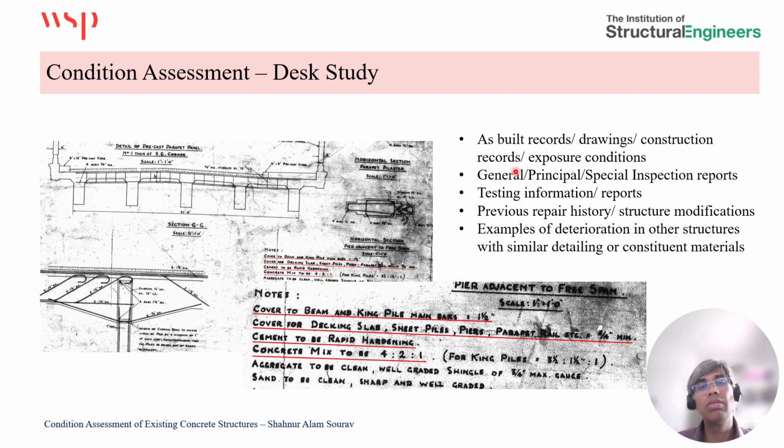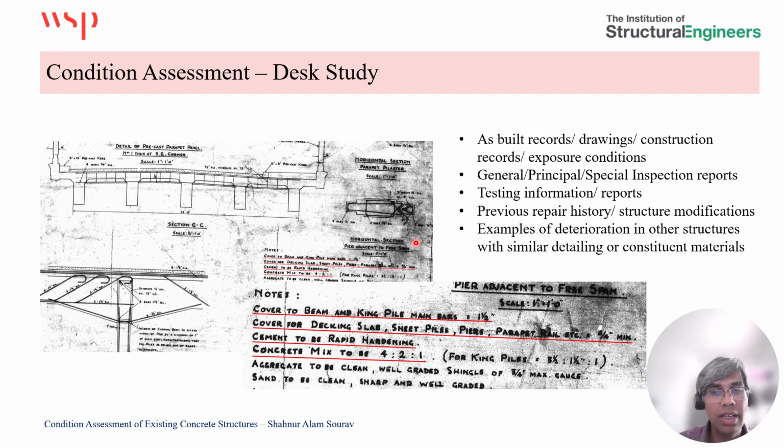So usually during the desk study, we try to search for information in the as-built record drawings, construction records, and the exposure condition during its service life. We go through any previous reports, such as inspection reports and testing reports, and whether the structure has any previous repair history.